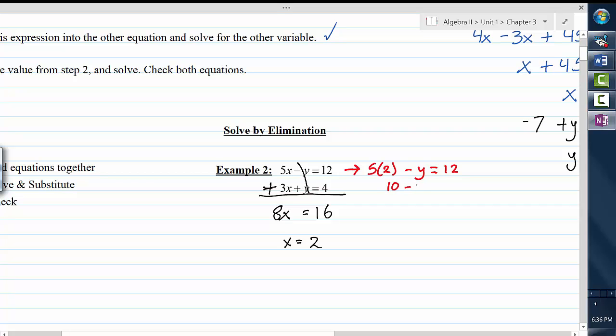That's 10 minus y equals 12. Negative y equals 2. y equals negative 2. So the solution is 2, negative 2.